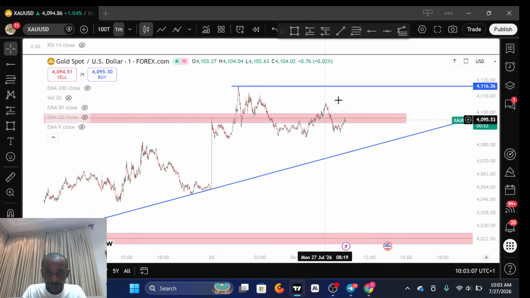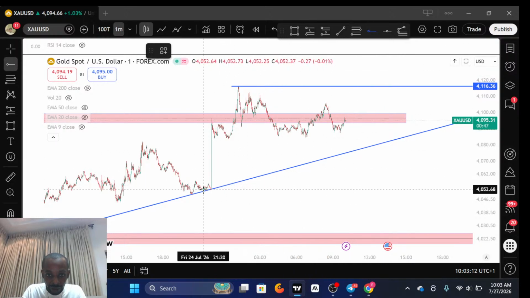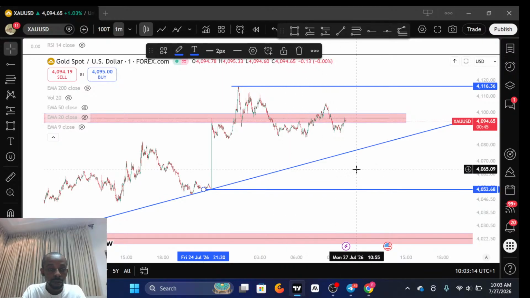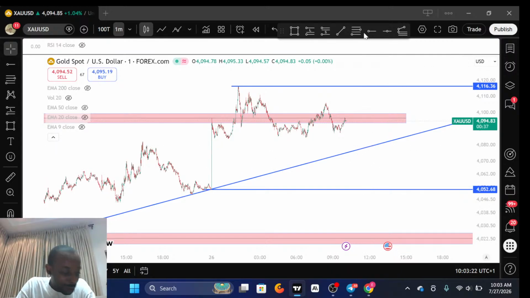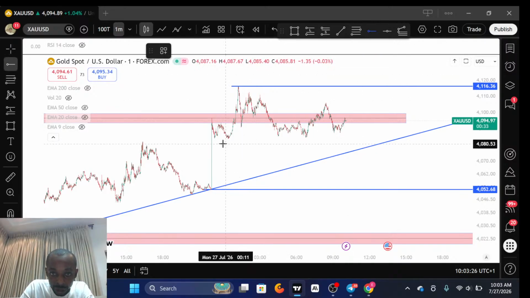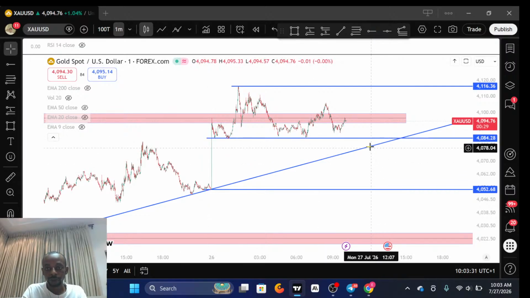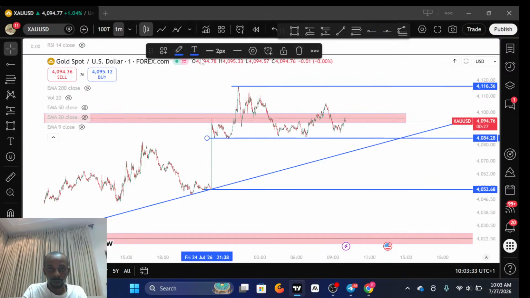To sell, the market needs to break below here. Then we can still manage it if it breaks below here. We can still manage it. Do you get it?